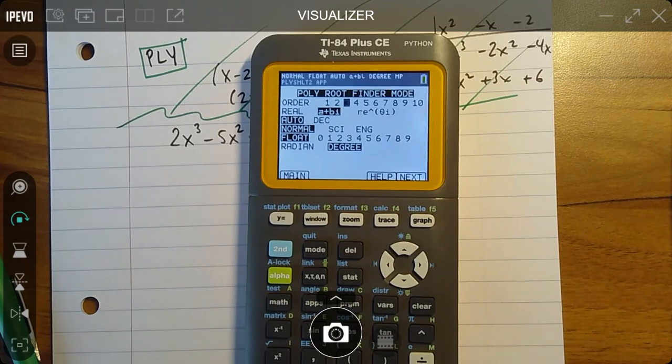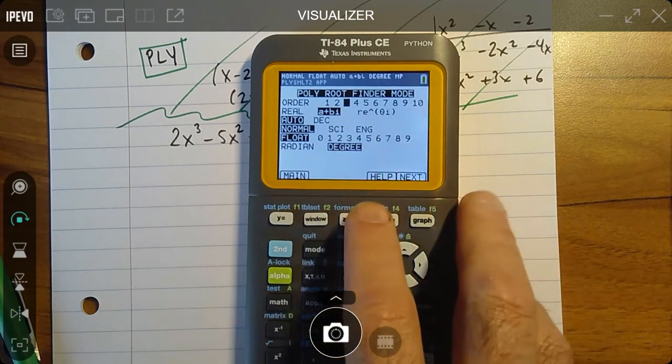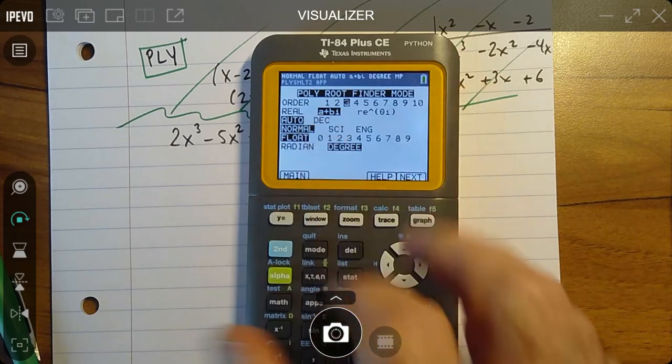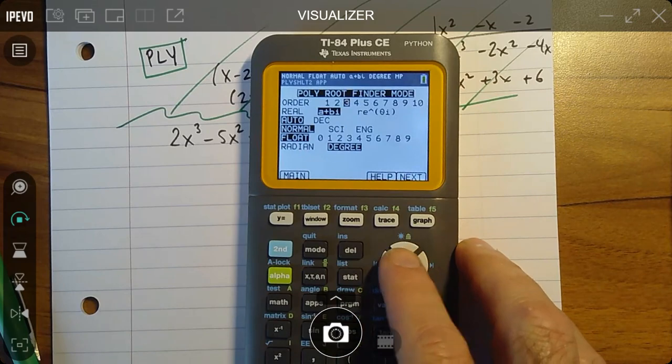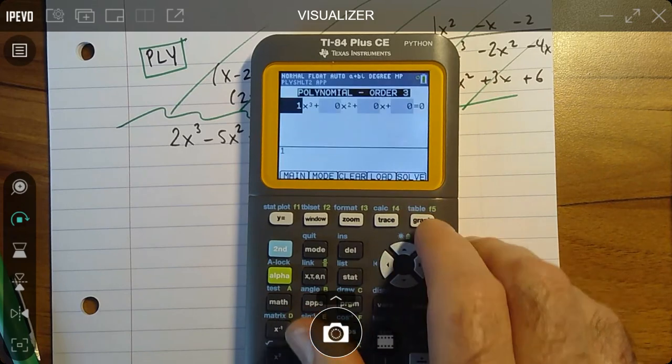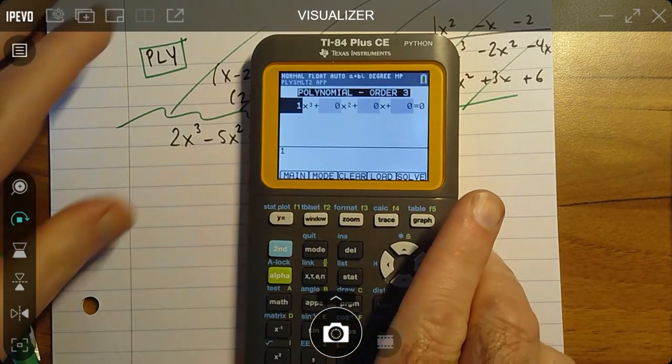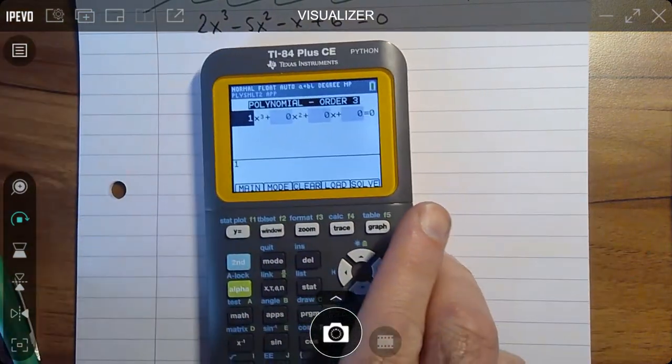We have a degree 3, so you hit order 3. I put it on having complex numbers as an option. Then we hit next, and then you just feed in your polynomial. So what do we have here?